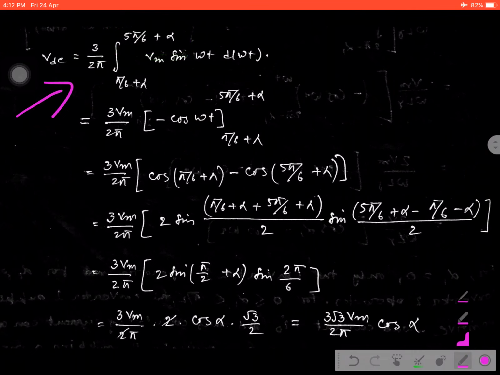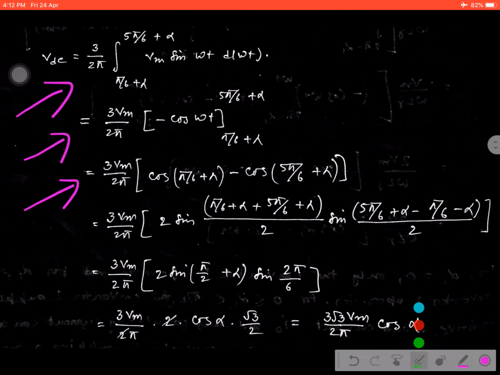So it's a simple simplification, just sin omega t. After integrating sin omega t, we will get minus cos omega t, right? Similarly, this step is done, then we can put the value of upper limit and lower limit, then the equation will take this form after simplification.